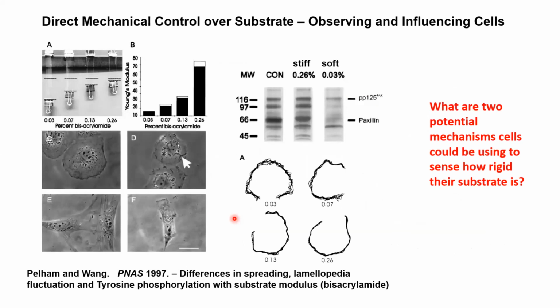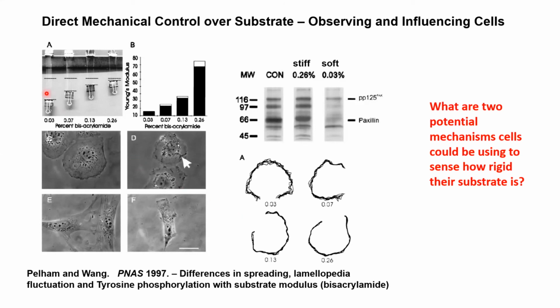So to directly address this idea that exerting tension, and the ability of the surface presenting the fibronectin to resist tension, is important to cell biology, another researcher, Yuli Wang, did a very clever experiment. This is taking one of these non-fouling hydrogel materials, bisacrylamide, and changing its stiffness, going from a very soft gel here.